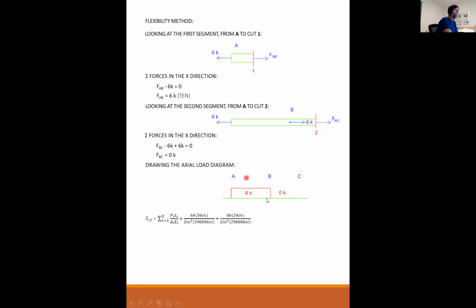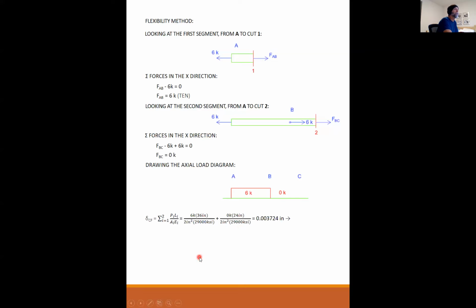So segment AB is a positive 6, the length is 36, over 2 times 29,000. For segment BC, I have 0 kips, but I put the rest of it in here for completeness. So 0 kips times a 24-inch length over 2 times 29,000.